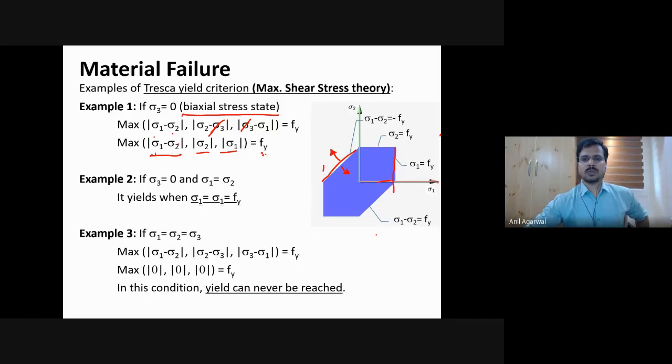And sigma 1 is equal to minus Fy, or minus sigma 1 is equal to Fy, I'll get this line. As long as you are within these boundaries, you are safe. Similarly, as long as you are within these boundaries, that is sigma 2 is equal to Fy, you are safe. Fine?